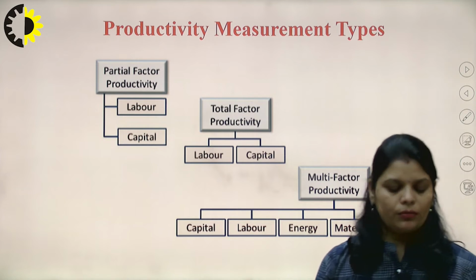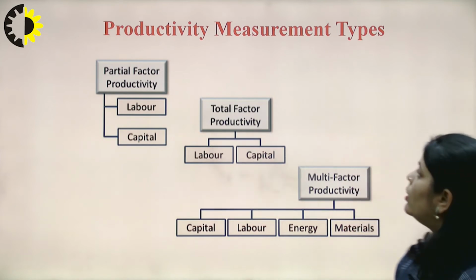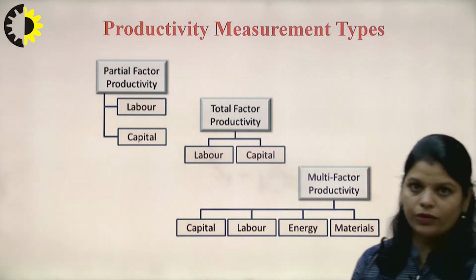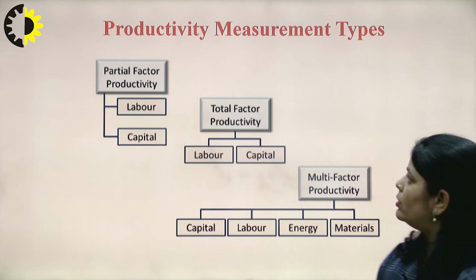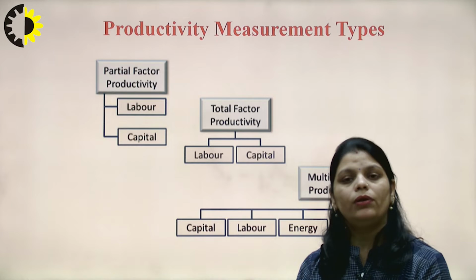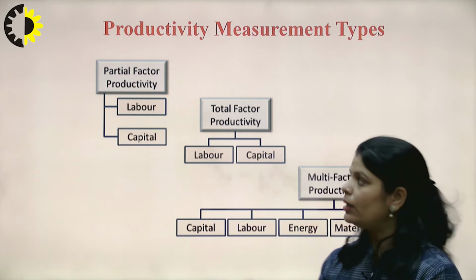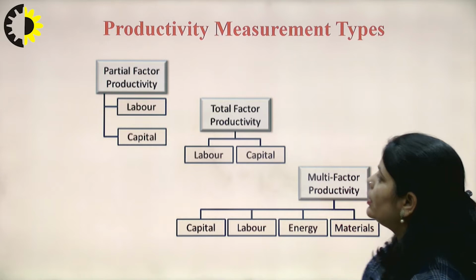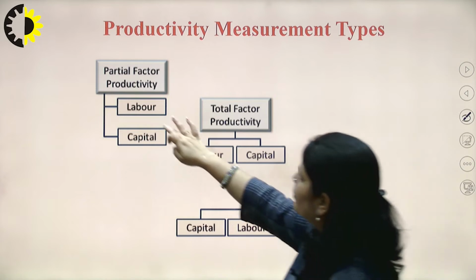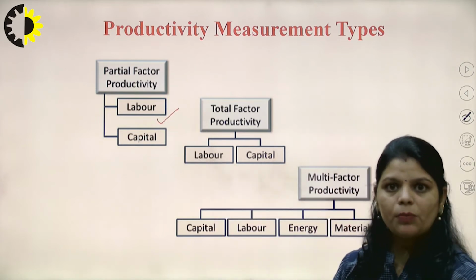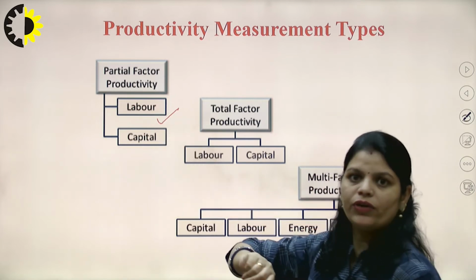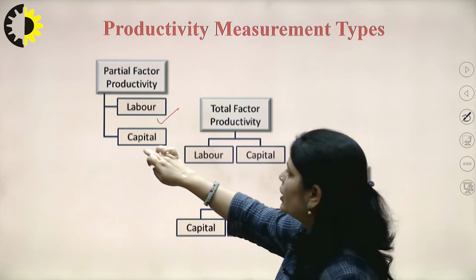So in this diagram you can see that in case of the partial factor productivity we have taken only one input, like in this case the input is labor, meaning we are measuring the productivity against a specific input, that is labor, or we can measure the productivity against the capital input.